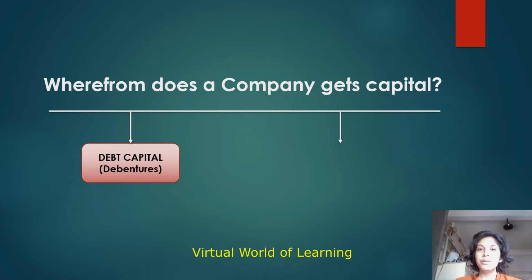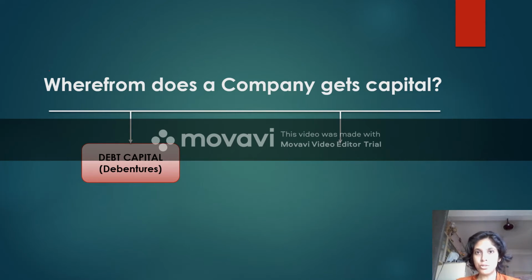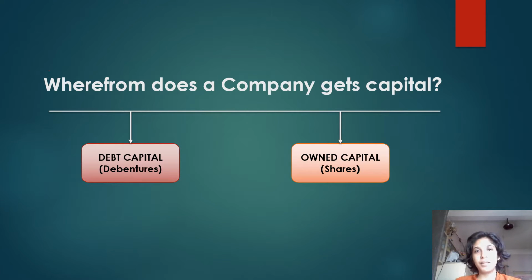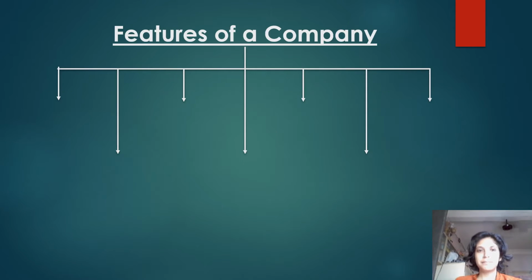So it is also known as debt capital. It is not the owned capital of the members of the company. Next one is owned capital, and it is raised through the issue of shares. We will go into details of this afterwards. Okay, let's learn about the company first in detail.